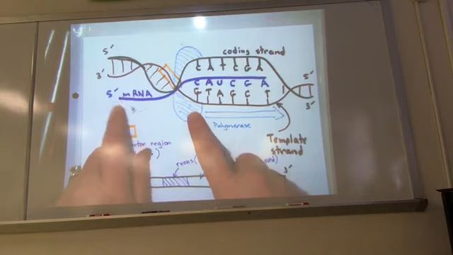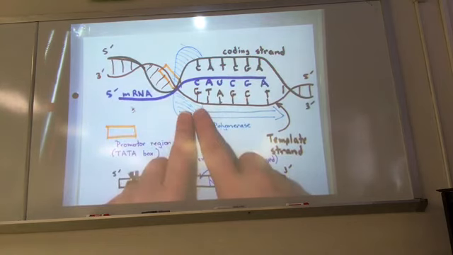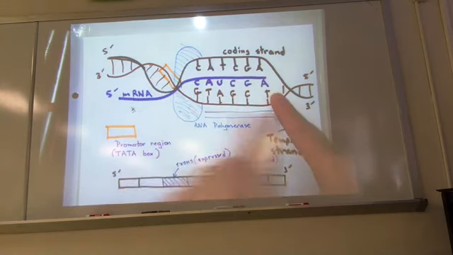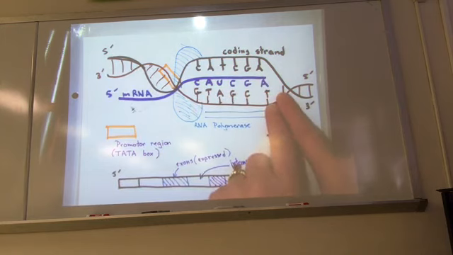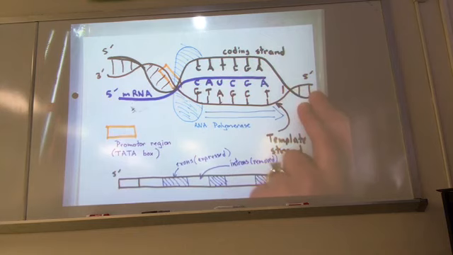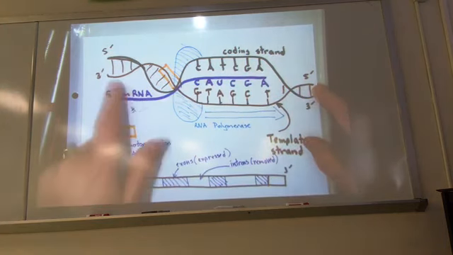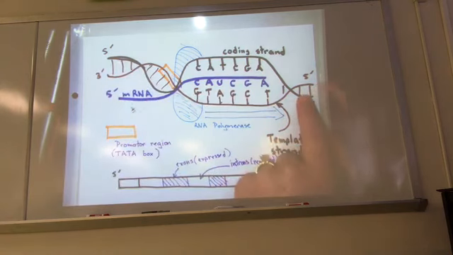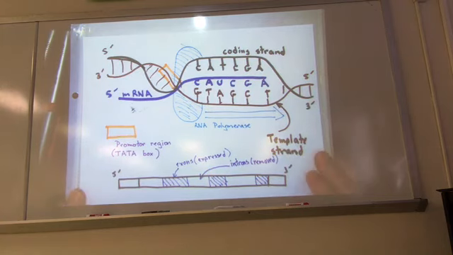So it adds them in a 5' to 3' direction. And as it's finished, the DNA will then rezip and recoil after it has already passed. So basically this already has passed, and this is waiting to be uncoiled and unzipped. And this continues until the termination region is reached.